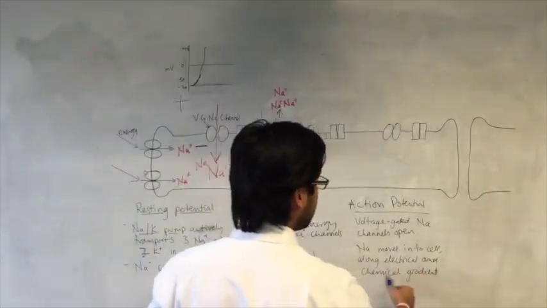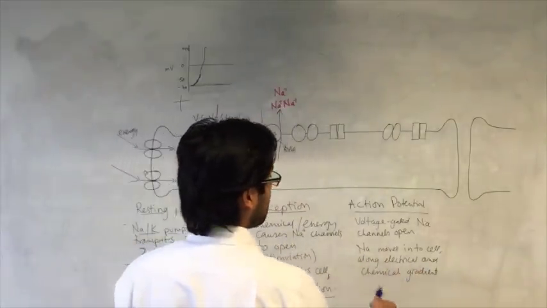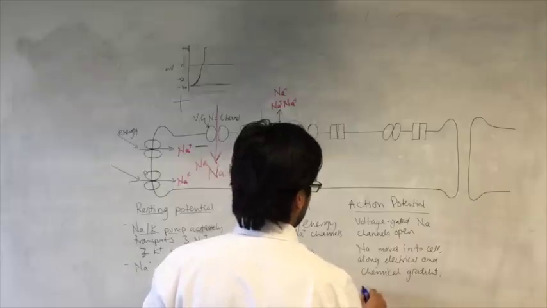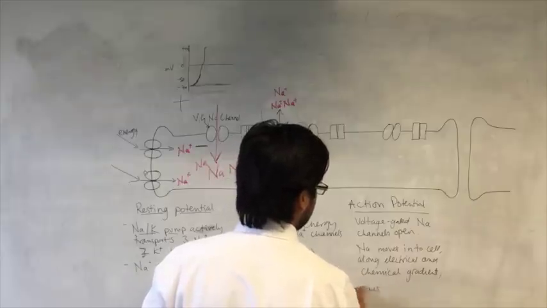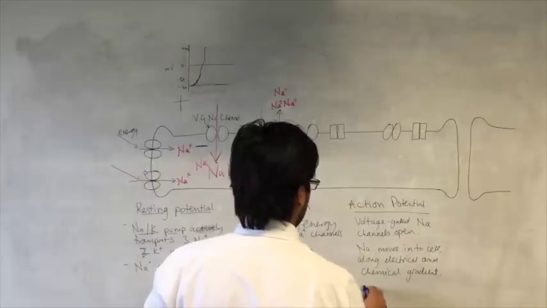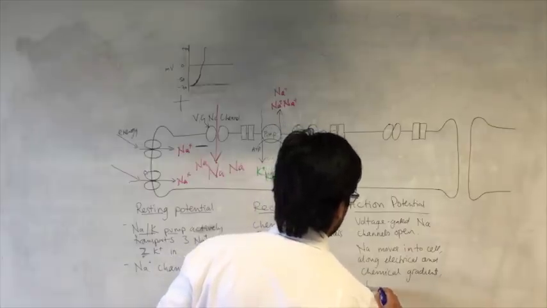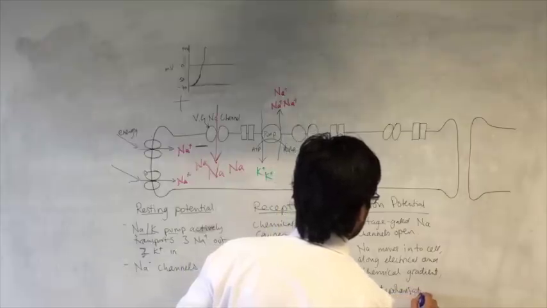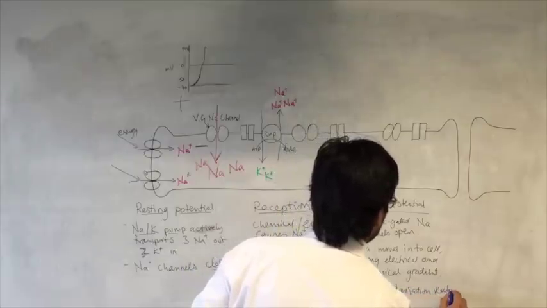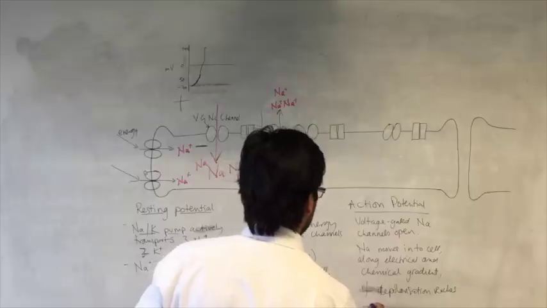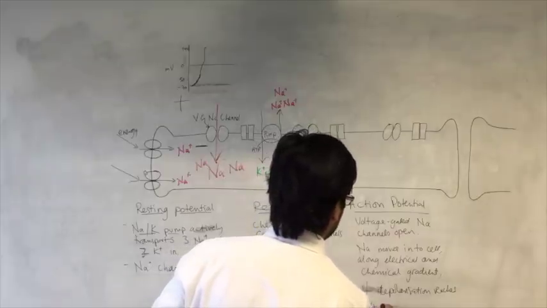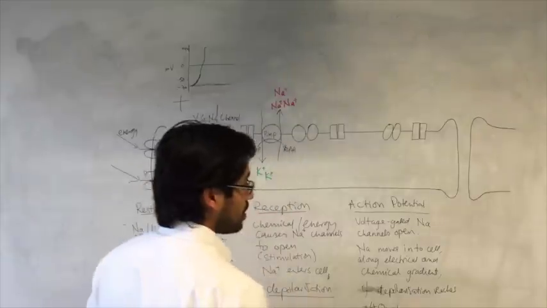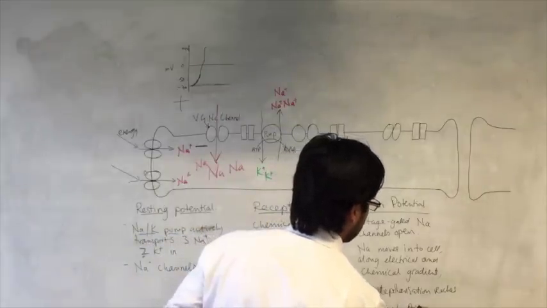So sodium moves into the cell along an electrical and chemical gradient. And if depolarization reaches plus 40 millivolts, this is known as an action potential.